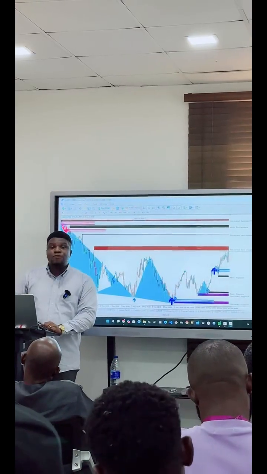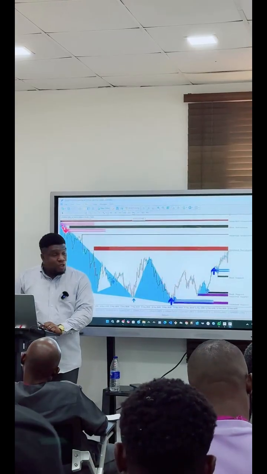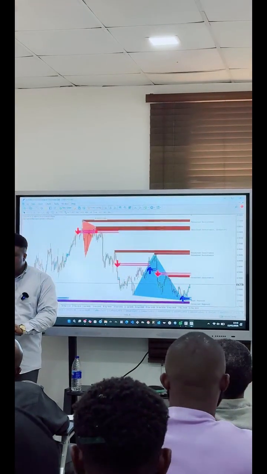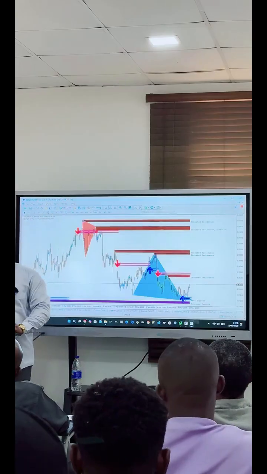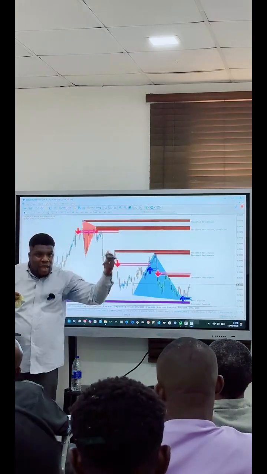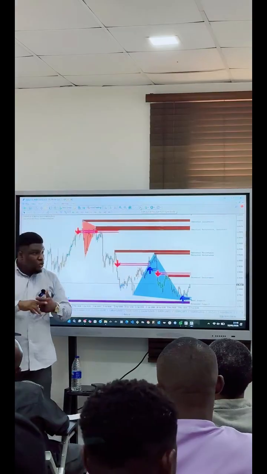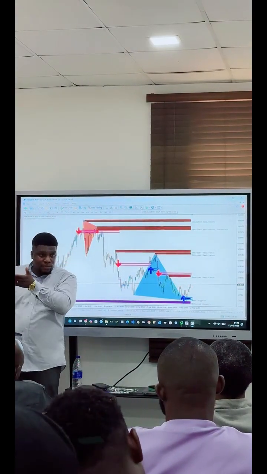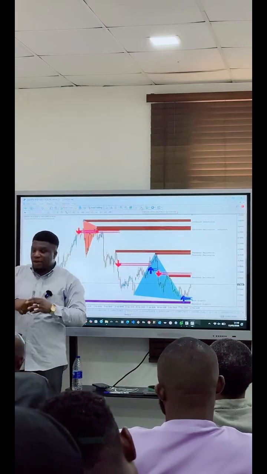The first time frame will be your 4-hour time frame. Your 4-hour time frame will tell you if right now we are bullish or bearish. We are not necessarily looking at the trend now, we are just looking at the intermediate time frame.